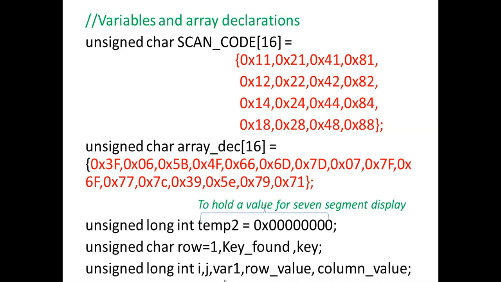That value is held in variable1. Row_value and column_value hold the row number being scanned and the column number of the switch that is pressed. So these are all the variables corresponding to the program.